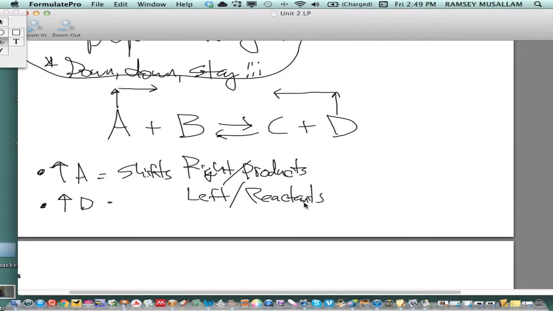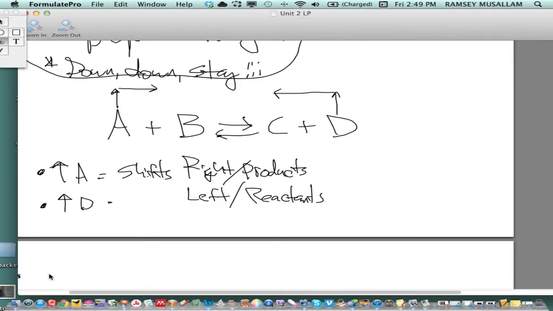If you put a bunch of D in, the system has too much D, so the reaction is going to shift away from it to get rid of it. If you put too much A in, the reaction wants to get rid of the A, so it shifts away from A, converting some to B to keep that ratio the same. A goes up, B's got to go up also in order to get back to the same.